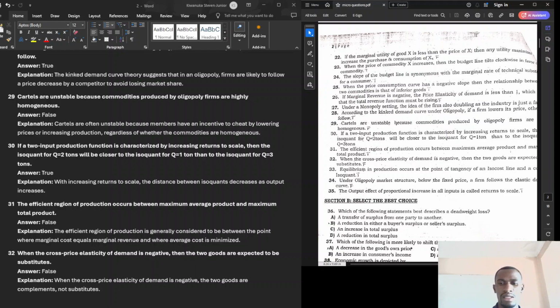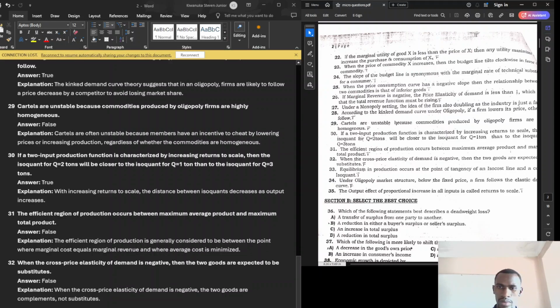Then, lastly, 32. When the cross price elasticity of demand is negative, then the two goods are expected to be substitutes.